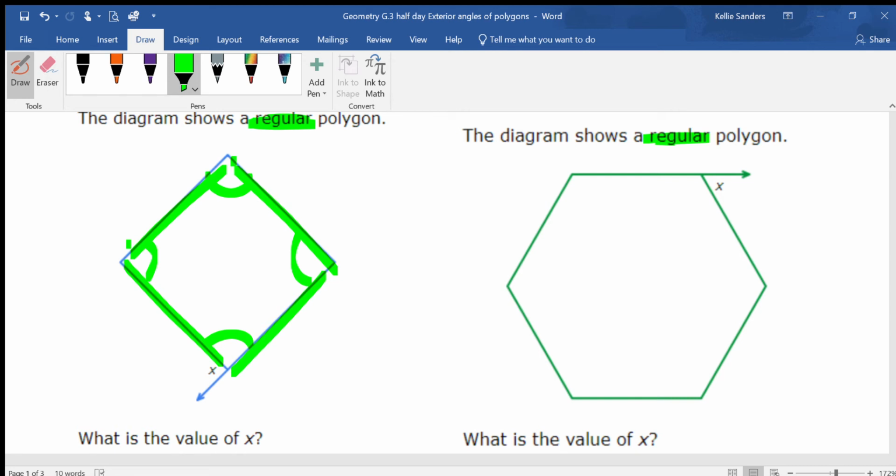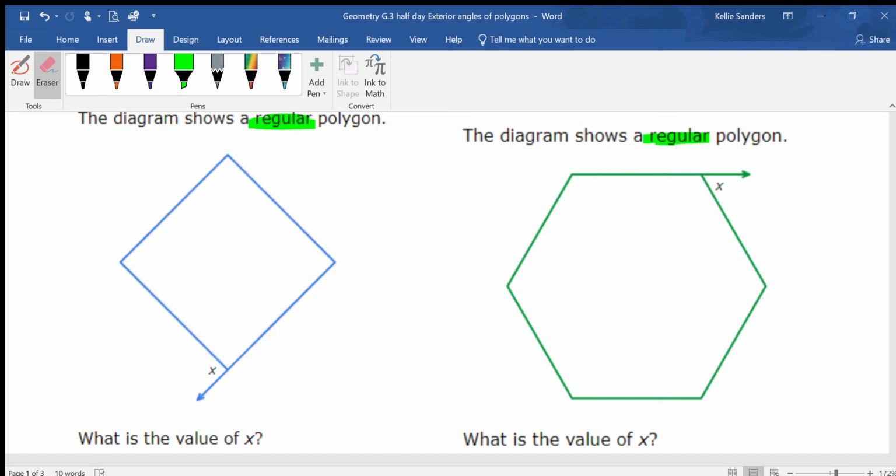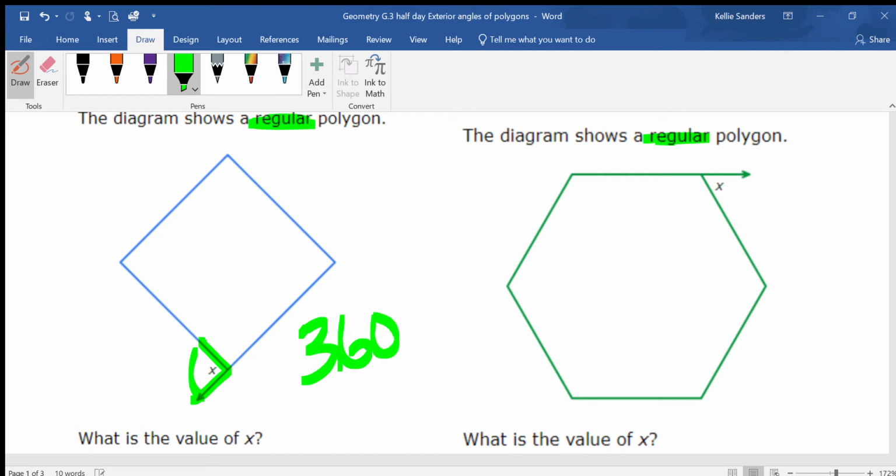So on this, let's erase and then draw. What's the value of x? Well, where is x? X is on the exterior. So I want to know how much that is. Well, it's not 360 because I didn't talk about all of the rest of the exterior angles, okay?